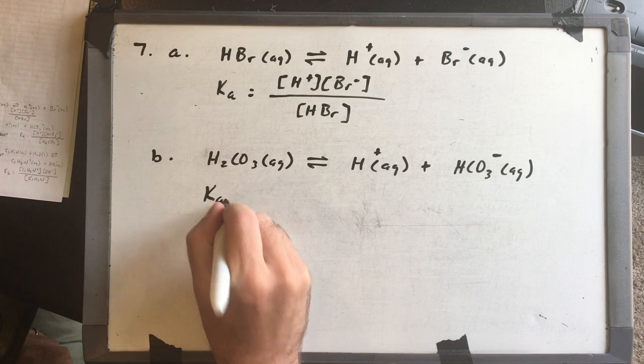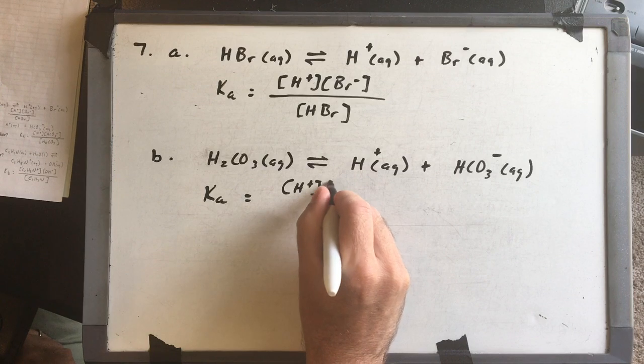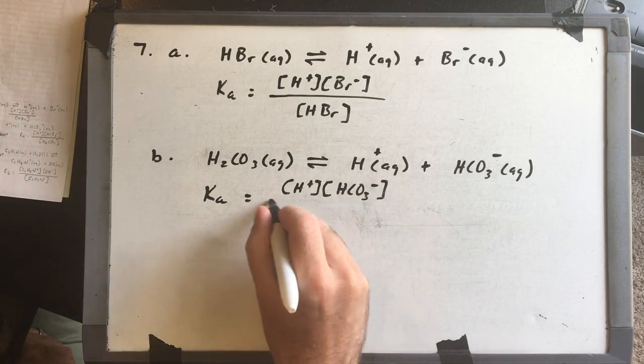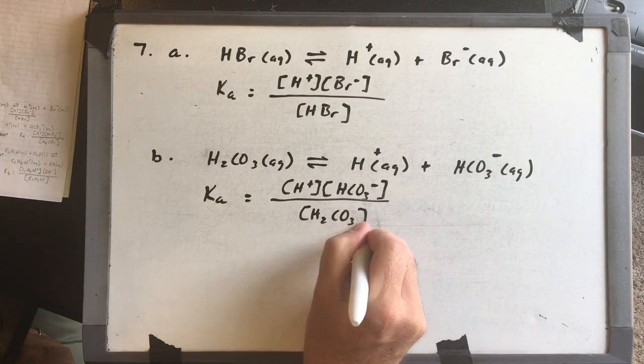Okay, so K sub A is going to be the concentration of H plus HCO3 minus over the concentration of H2CO3.